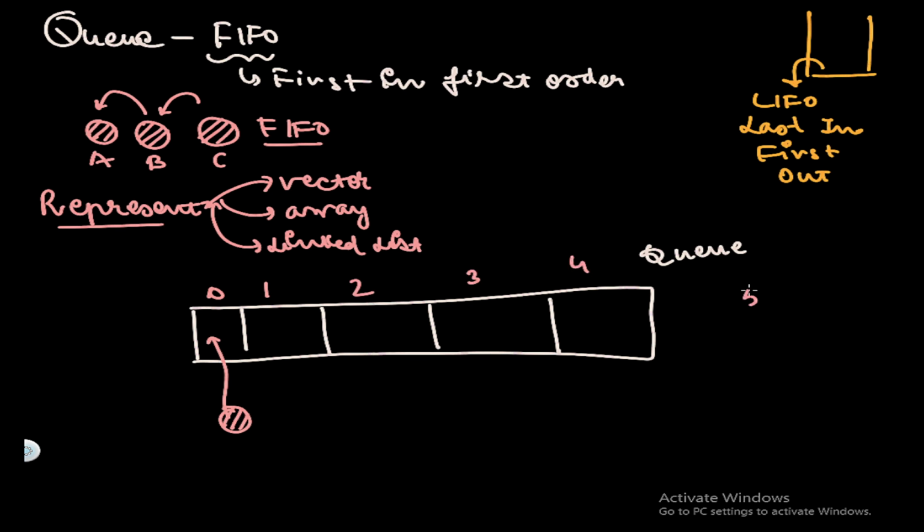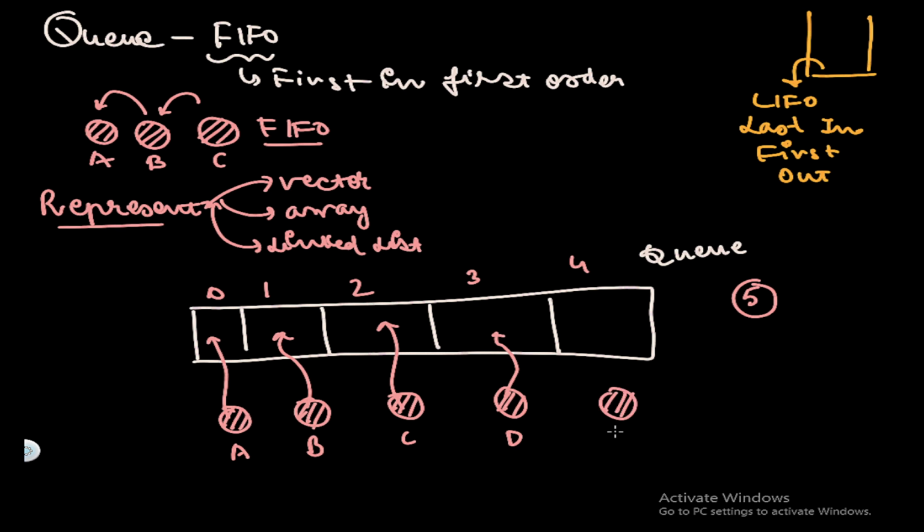So the size of the queue is 5. I got element A, I place it at index 0. I got element B, I placed it at index 1. I got element C, I placed it at index 2. I got element D, I placed it at index 3. I got element E, I placed it at index 4.